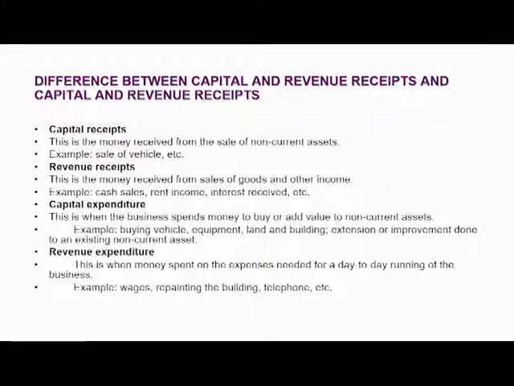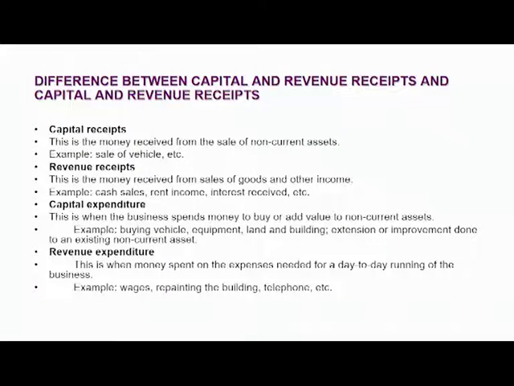What do I mean by this? When I'm spending money for the business to buy more equipment, more machinery, more land and buildings, that is capital expenditure. Or when I'm trying to renovate or add value to the existing non-current assets that are already in my business, that is capital expenditure. Okay.